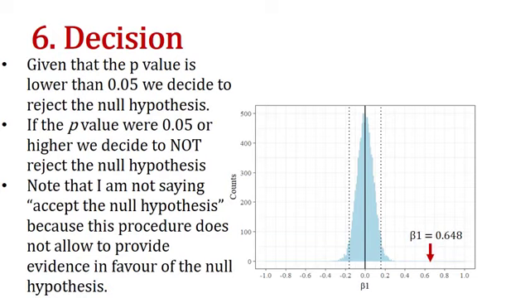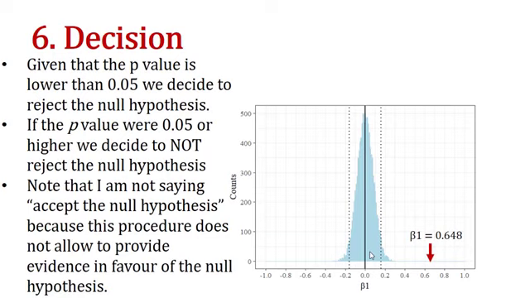Now what happens if the p-value is 0.5 or higher? What happens if the beta 1 we obtain in our sample, instead of being here, is around there? Okay, so what we do is not reject the null hypothesis, and as I indicated before, I'm not saying accept the null hypothesis.